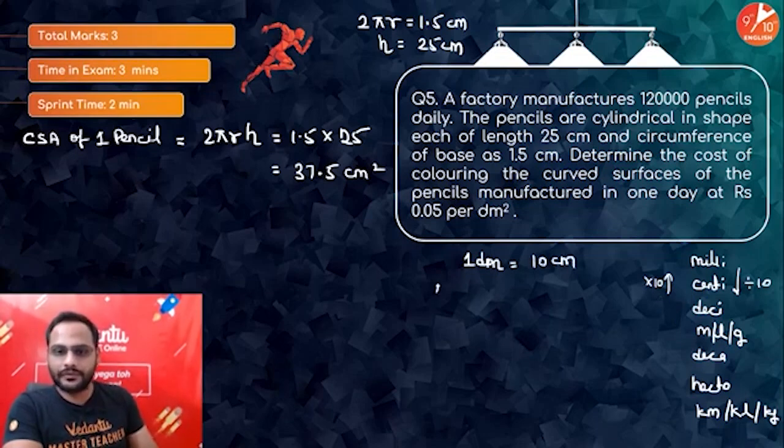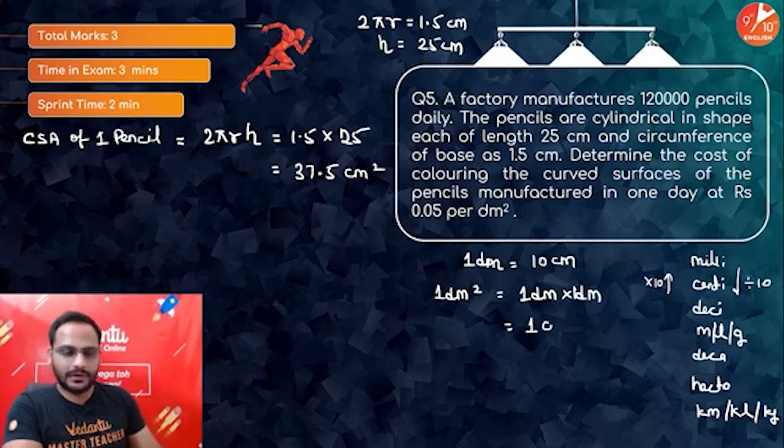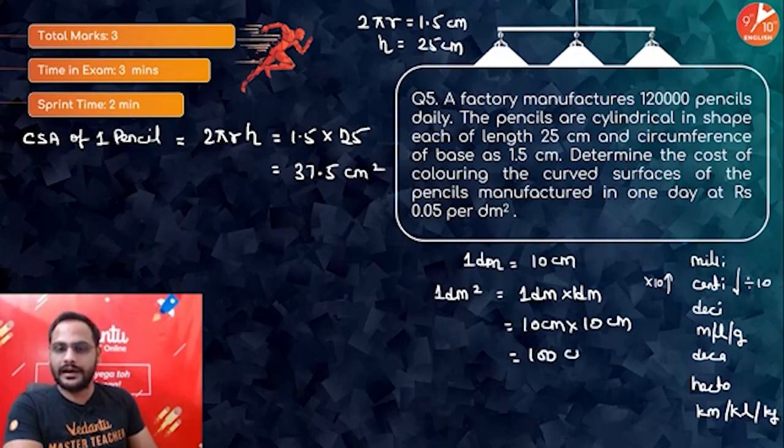Right? So 1 decimeter square will be how much? It will be 1 decimeter into 1 decimeter. Okay, we'll convert this into centimeter square. So 1 decimeter square is 1 decimeter into 1 decimeter, which is 10 centimeter into 10 centimeter, or I can say this is 100 centimeter square.